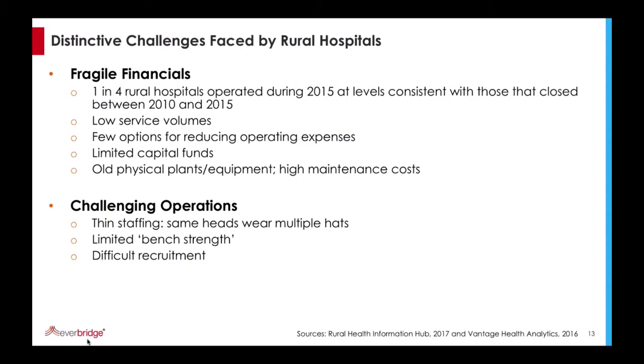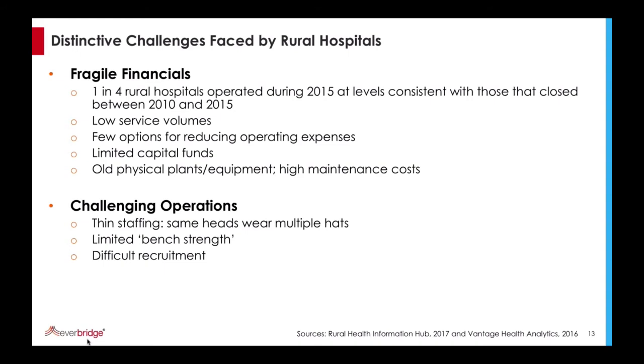So what's different about a rural hospital that you haven't already heard or already know because you work in one? Well, the financials are very fragile. 25% of rural hospitals operated during 2015 at levels consistent with those that closed between 2010 and 2015. They all experience low service volumes.